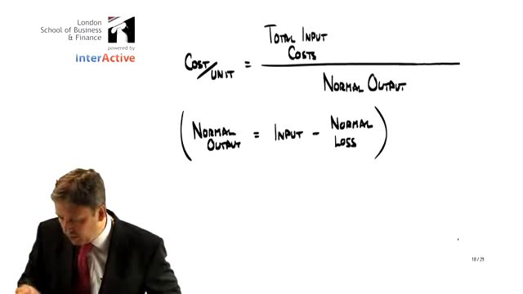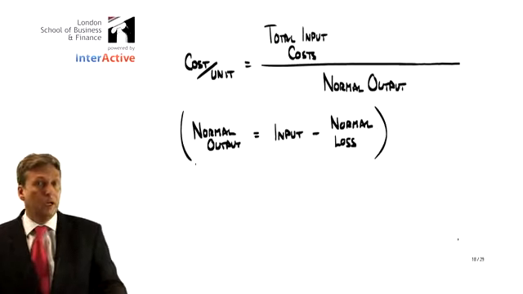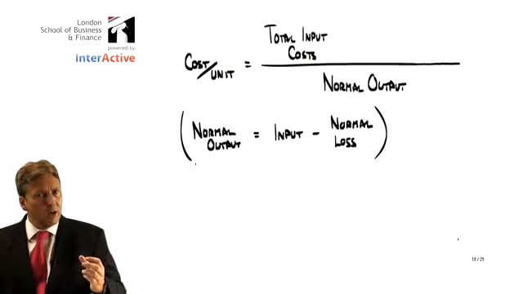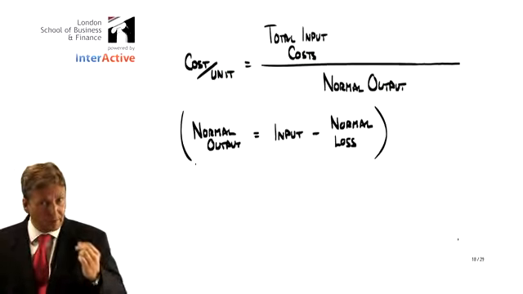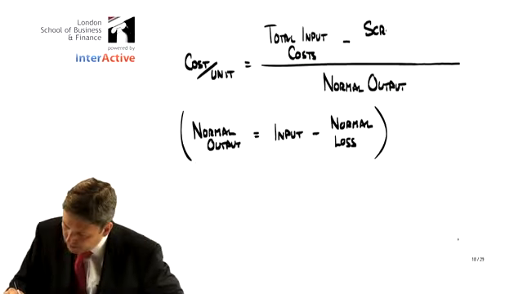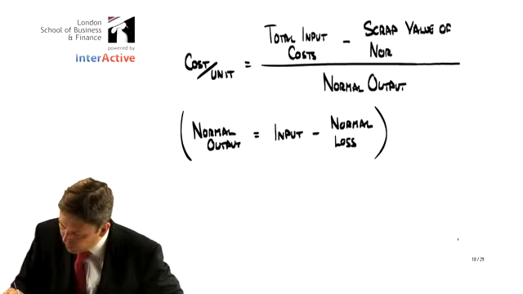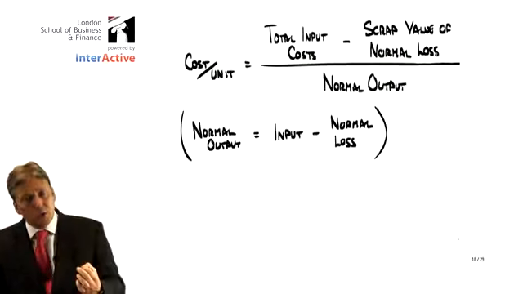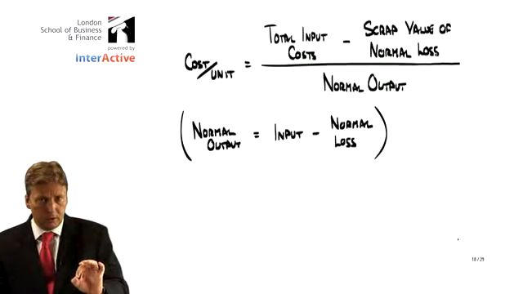And of course we know the normal output is the input less the normal loss. Because we are now going to offset the scrap value against this, we have to take away the scrap value of normal loss to illustrate the fact that it will reduce the unit cost of the output.